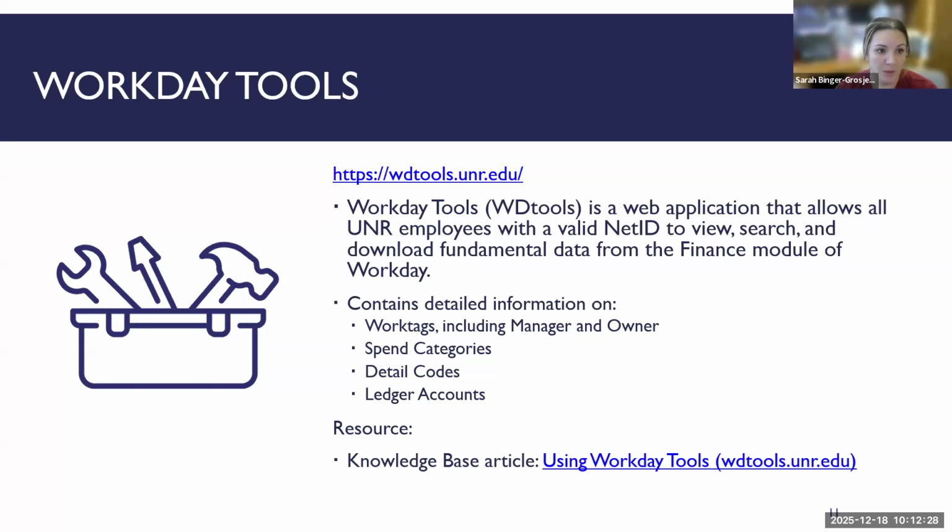So if there are multiple people that have approval on a specific work tag, unfortunately, Workday Tools is only limited to showing those two people. It also lists all the spend categories that are available, detail codes, and ledger accounts. And we do have a knowledge base article linked here as well on how to use it.